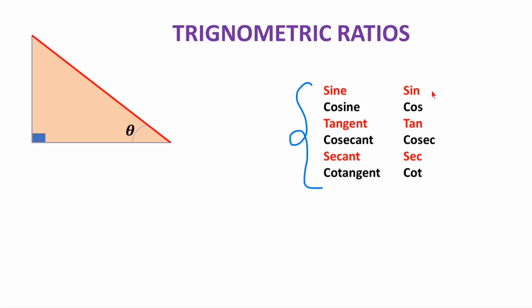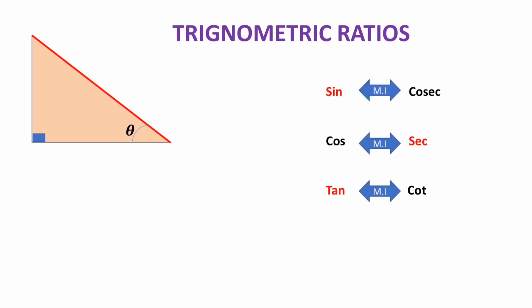For example, sine is represented as the ratio of the opposite side and hypotenuse. Cos is the ratio of the adjacent side and hypotenuse. Tan is the ratio of the opposite side and adjacent side. We need to remember these ratios in the same order, because the first three are the multiplicative inverse of the last three.